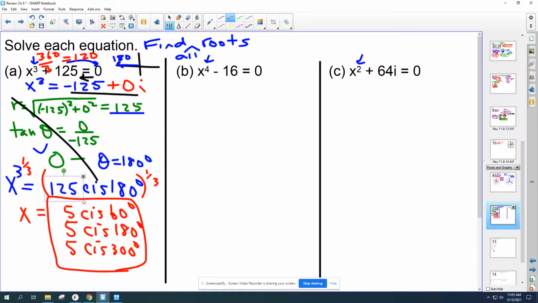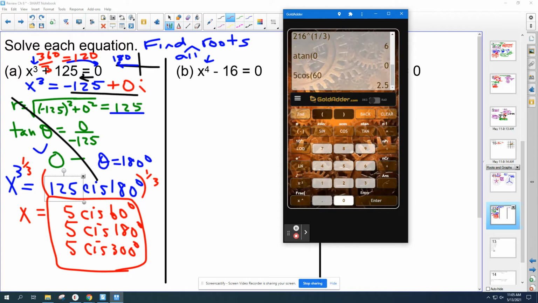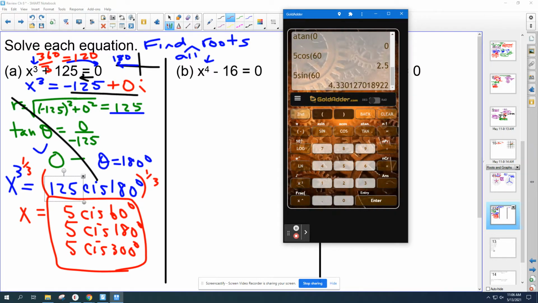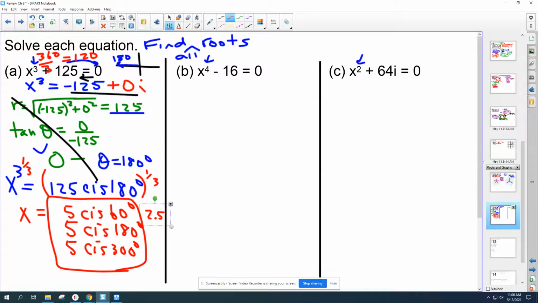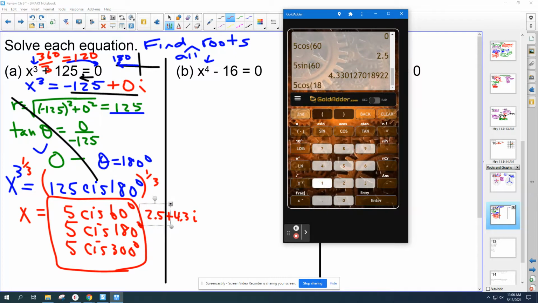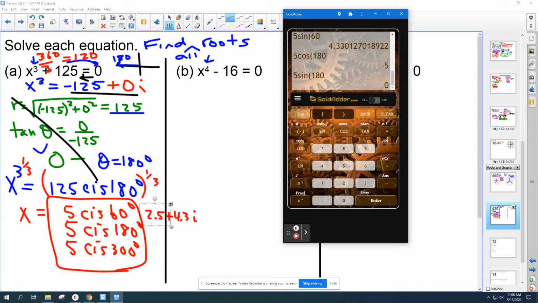Okay, now it's possible that you'd have to convert this back into rectangular form. If you had to convert this back into rectangular form, you'd just say 5 cosine 60 and 5 sine 60. 2.5 plus 4.33 i. And the next one, you've got 5 cosine 180 and 5 sine 180.